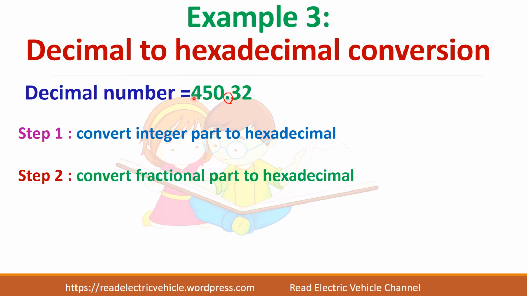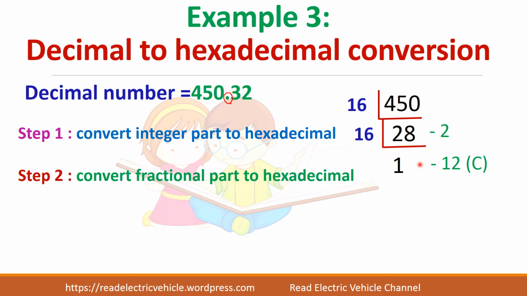So let us take the integer part, that is 450, first. 450 divided by 16. The quotient is 28 and the remainder is 2. Again divide by 16. The remainder is 12 in this case. The 12 in hexadecimal is equivalent to C.